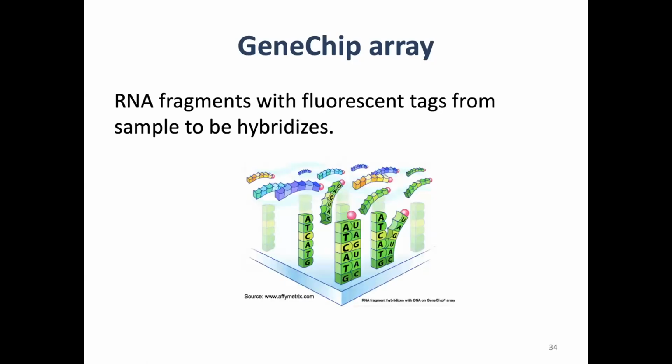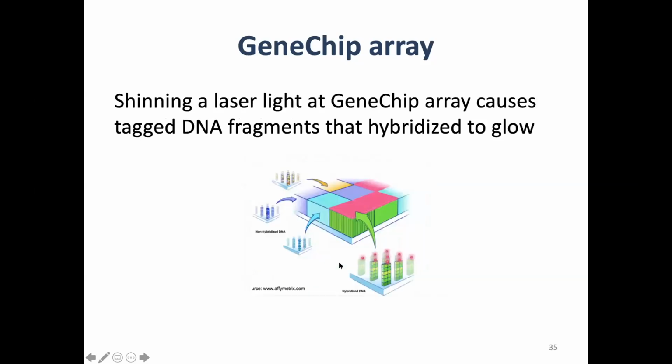Gene chip array. So this figure is showing you the probes, and the probes contain the oligos to capture the gene, right? And we inject the fragments which are labeled with fluorescence dye. So those would hybridize onto those probes, and the fluorescence-labeled sequences bind to the oligos there.